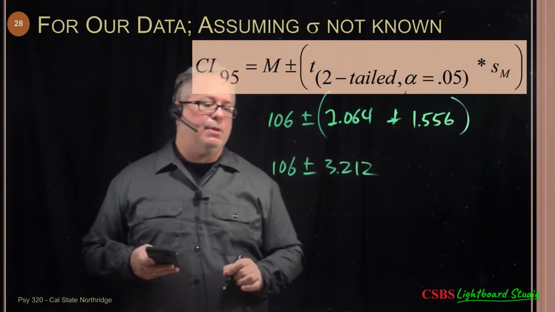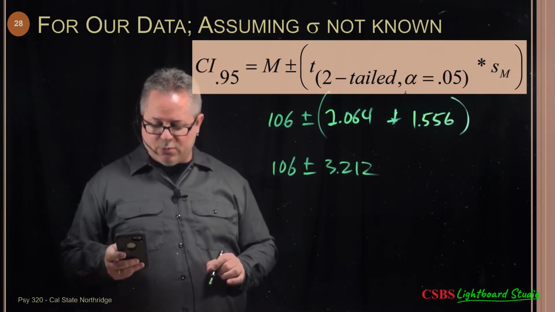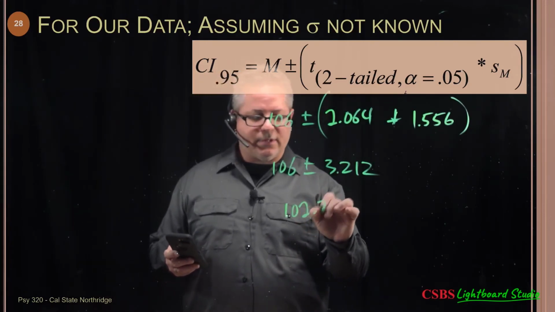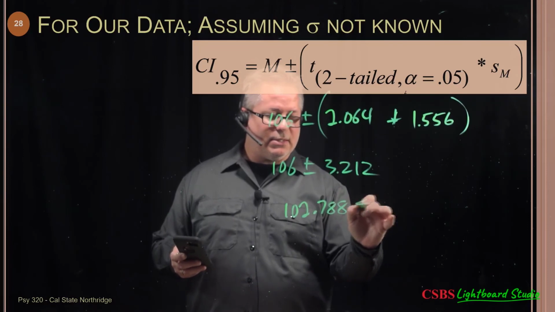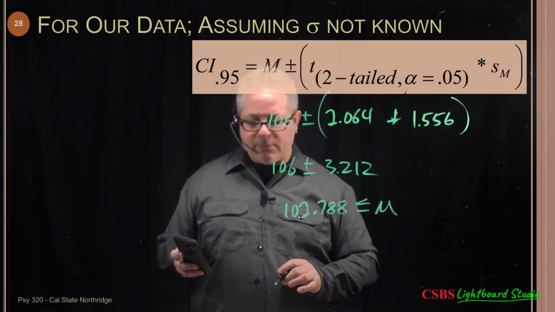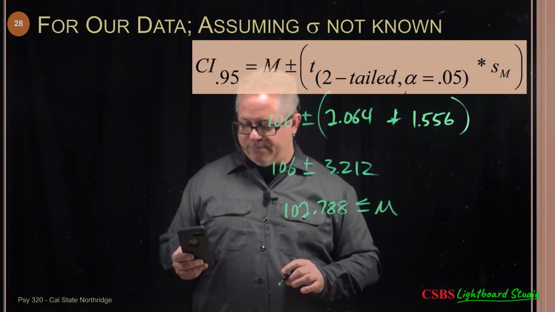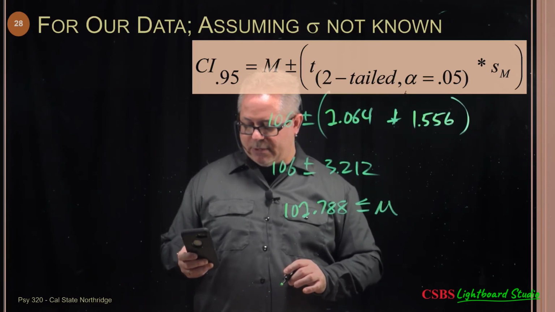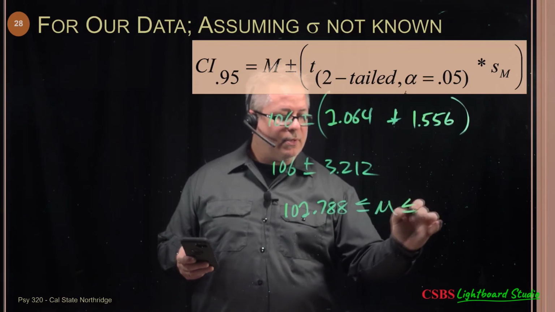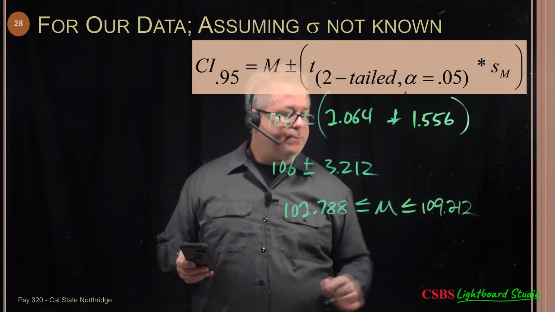So if we do 106 minus 3.212, I get 102.788, which is less than or equal to the population value that I'm looking for. 106 plus 3.212 equals 109.212.